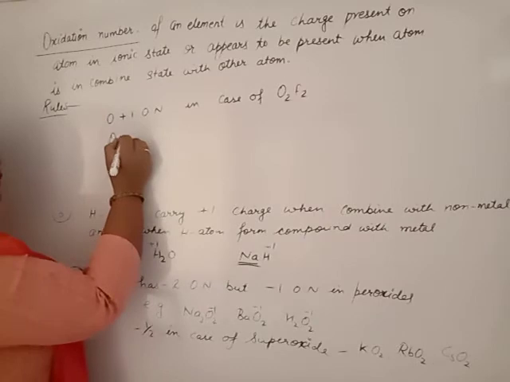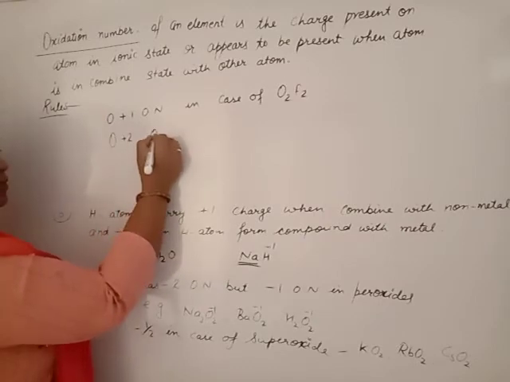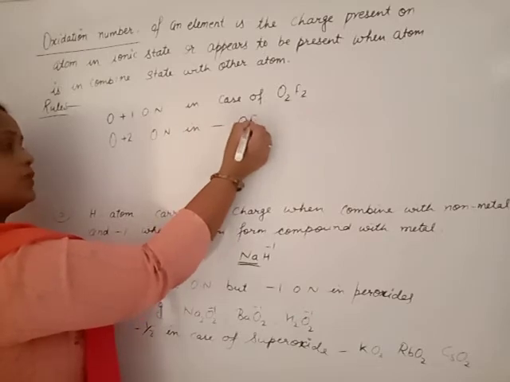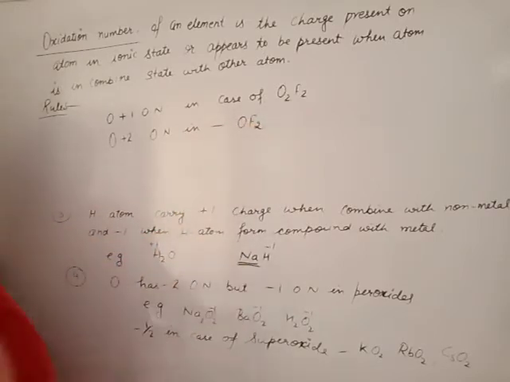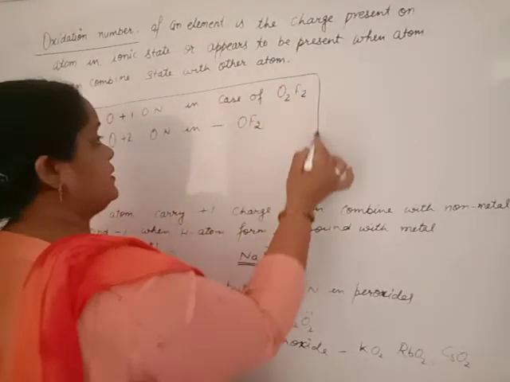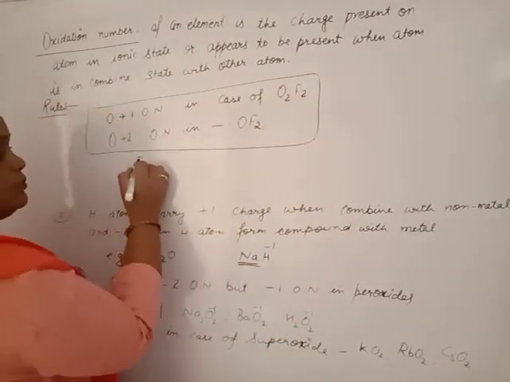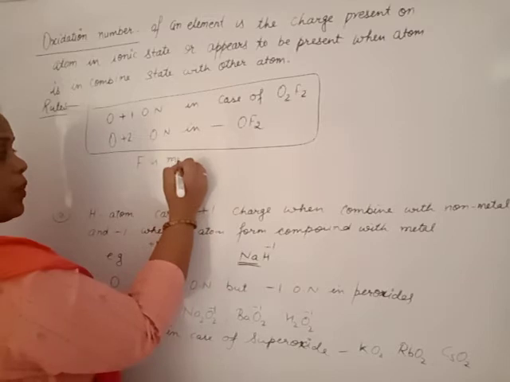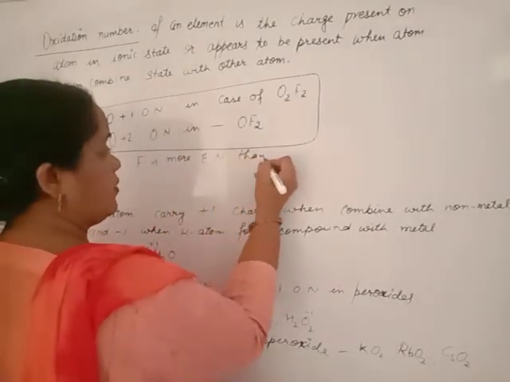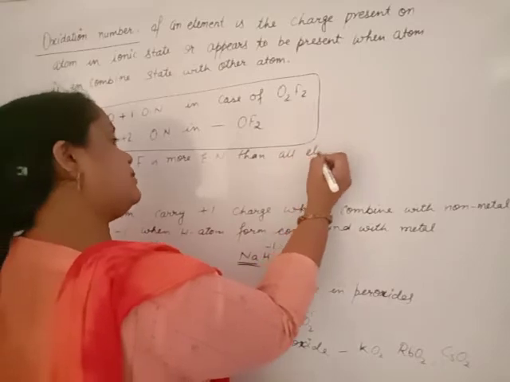Oxygen also carries +2 oxidation number only in OF2, oxygen difluoride, only with fluorine. These are exceptions because fluorine is more electronegative than all elements of the periodic table.